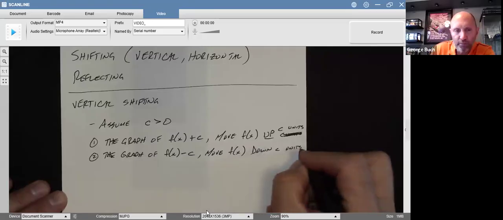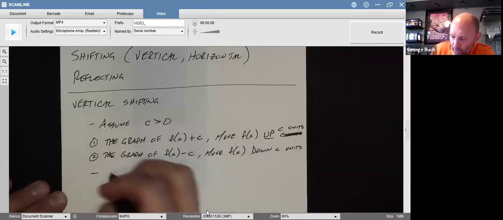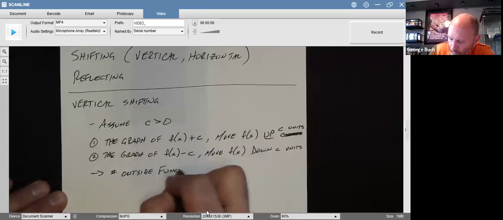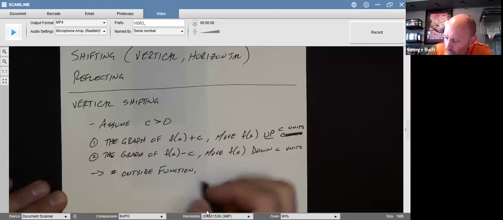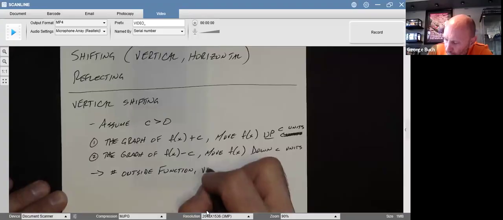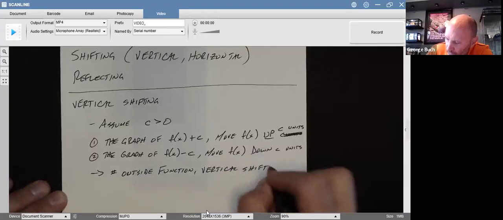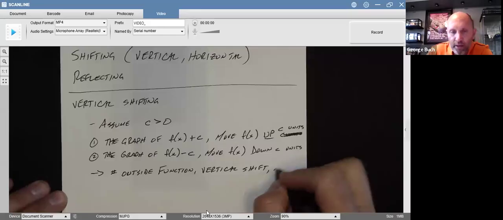So the key here is just to note that if the number is outside the function, it's vertical shift, and as is, as we see it.